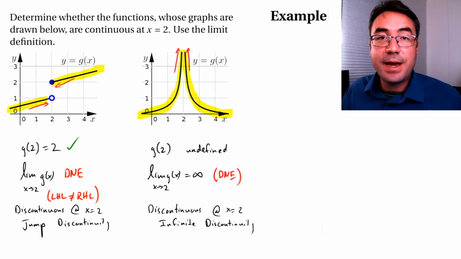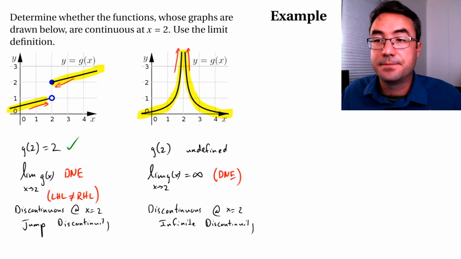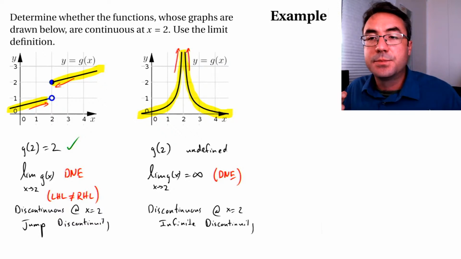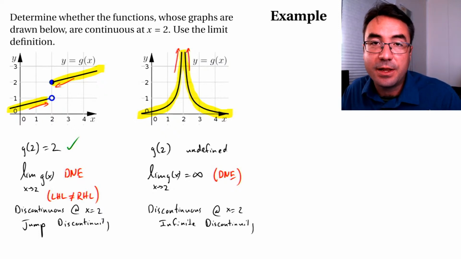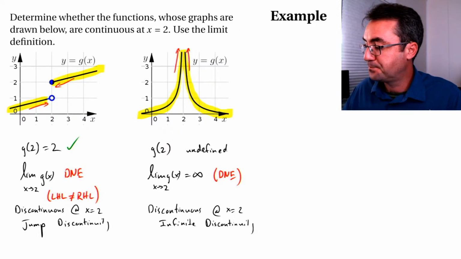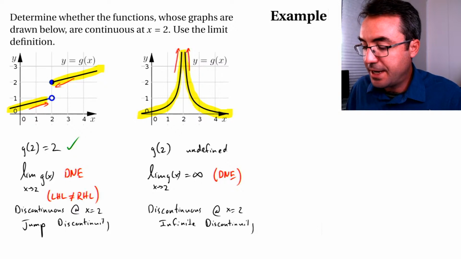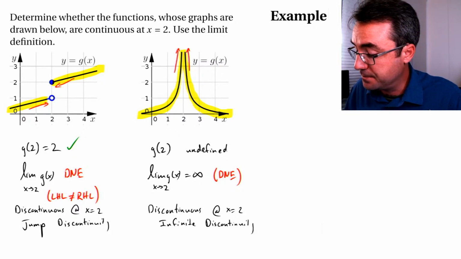So eventually I do have to take my pen off the page in order to draw that graph. So we call that first one a jump discontinuity. The other one's sort of like an infinite jump. So we call it an infinite discontinuity. All right, so just a few examples there for what can go wrong when we're talking about continuous functions.